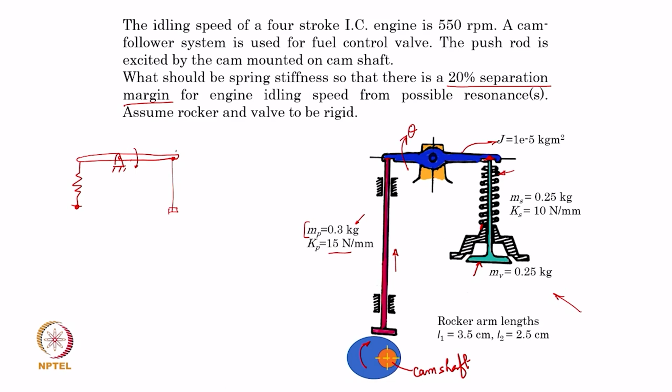So, whatever is the vertical speed this rocker arm end has, let us say if I call this V, the same velocity will be that of the valve. The valve has been given with a mass 0.25 kg.